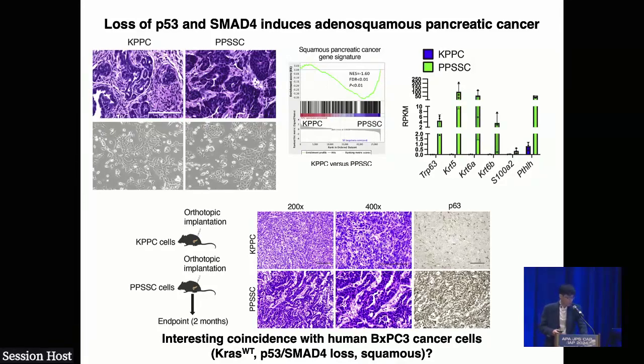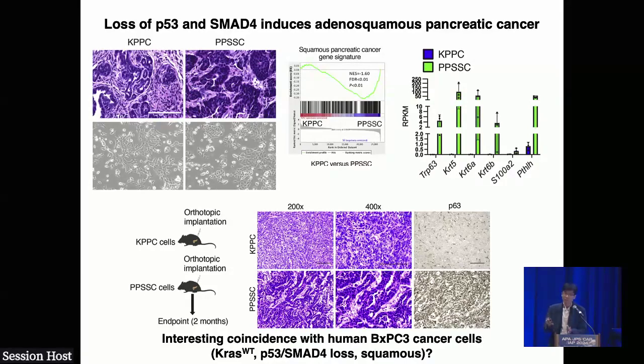And it's interesting that there is one inconsistency between our mouse model and the KRAS wild-type patient cases, because our mouse model predominantly developed this adenosquamous subtype.